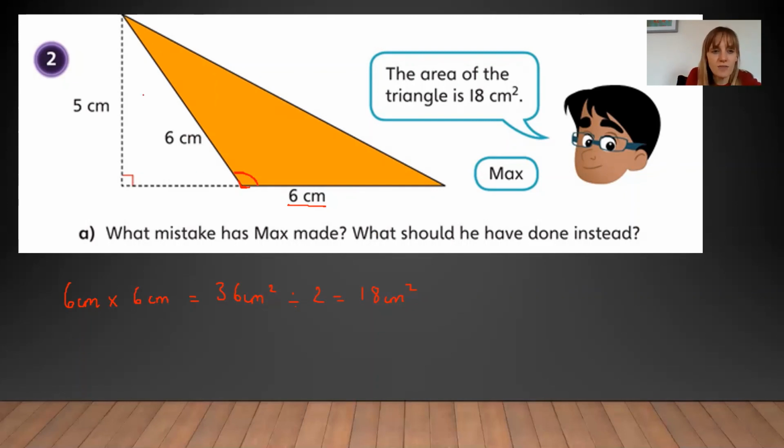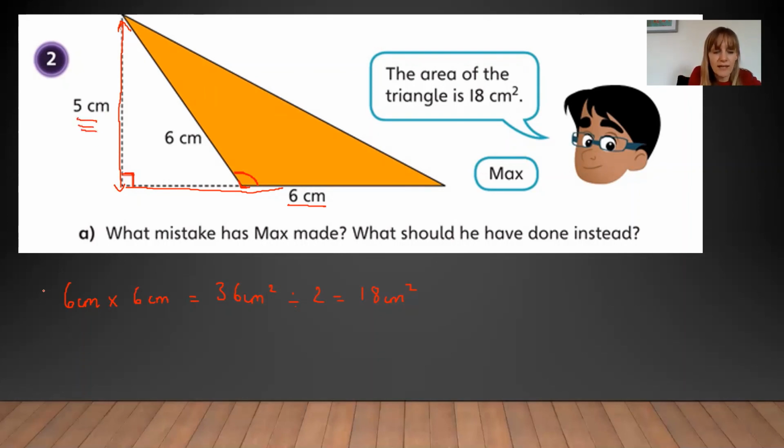So the height, if we look over here, look, even though this is a dotted line, where the 5 centimetres is, can you see this one here? This is not actually part of the triangle, but it's meeting that 6 centimetre line with a right angle. Can you see? Therefore, 5 centimetres is our height.